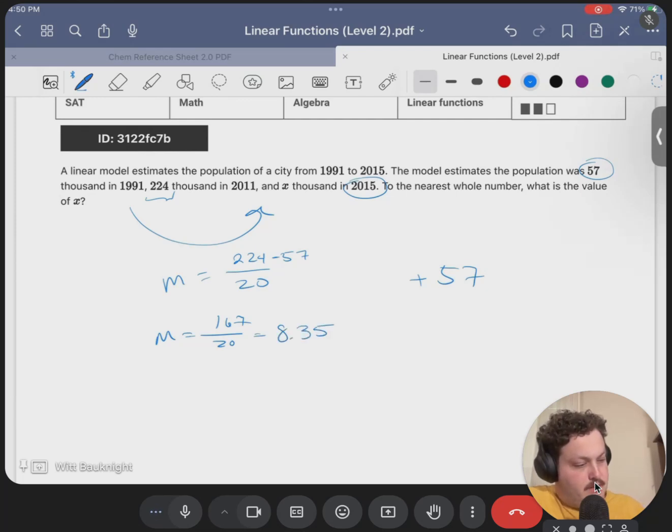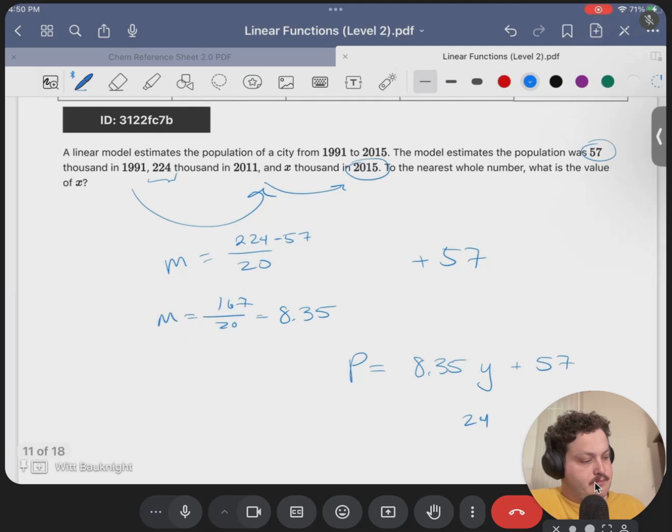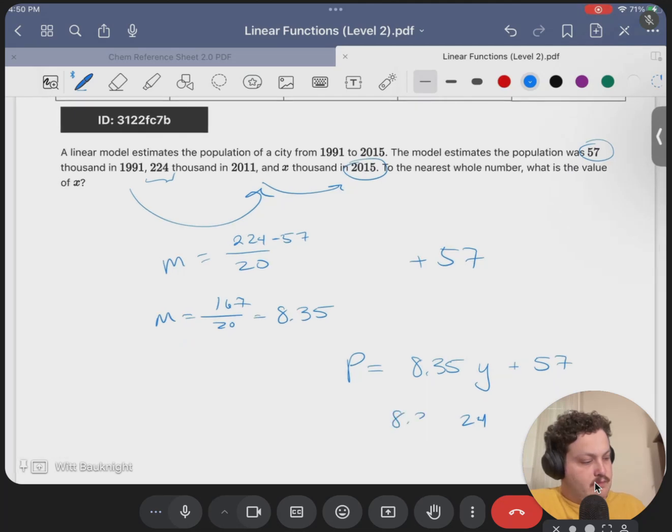So population equals 8.35 times year plus 57. Now we're going to plug in the year. All right. This is 4 more. It's like the 24th year, 24 years after 1991.